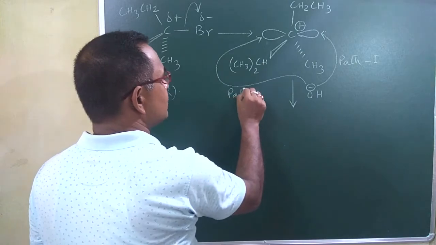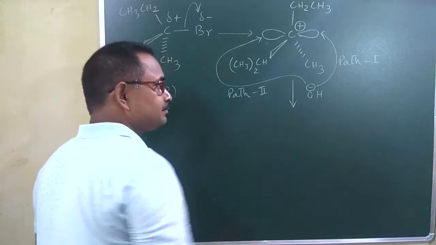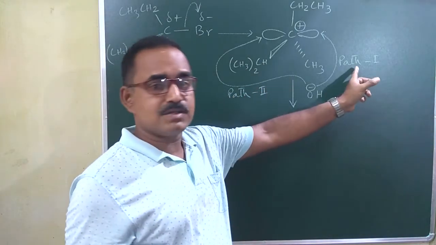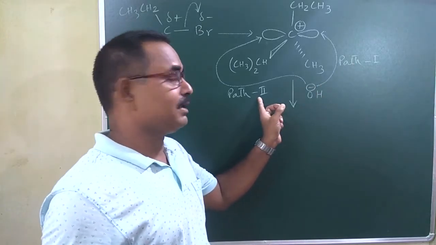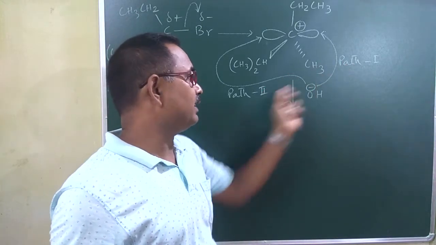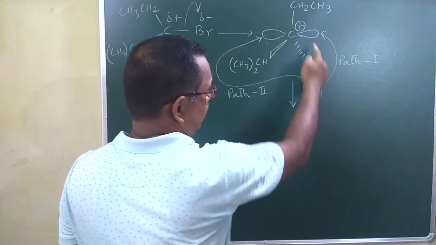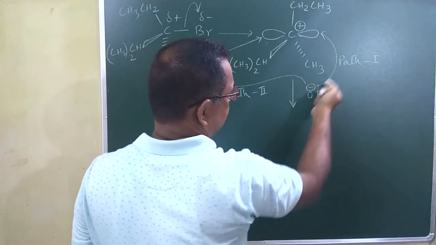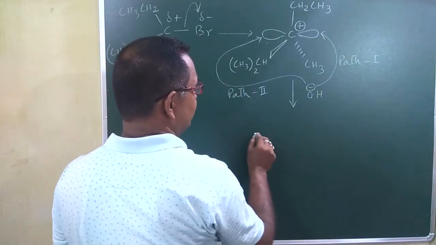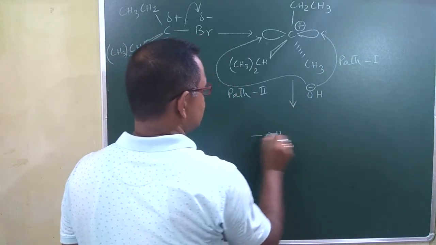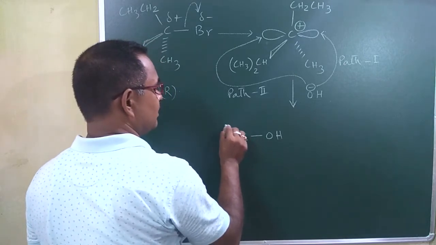This is part 2. There is equal possibility of both attacks. Now you see, when hydroxide ion attacks by part 1, then we have this compound with OH. This is carbon.